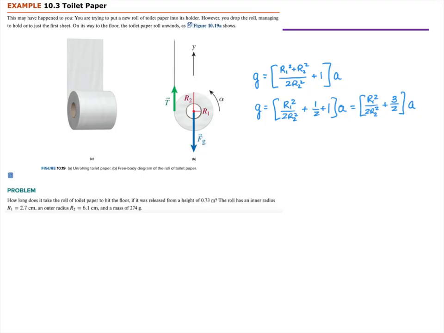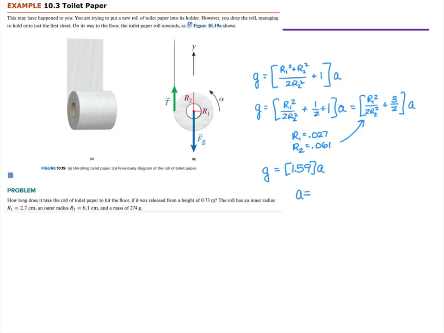So I'm looking to figure out what the acceleration of this toilet paper roll is now. R1 is 0.027, R2 is 0.061. If I put these values into this expression, I would get g is equal to 1.59 times a.